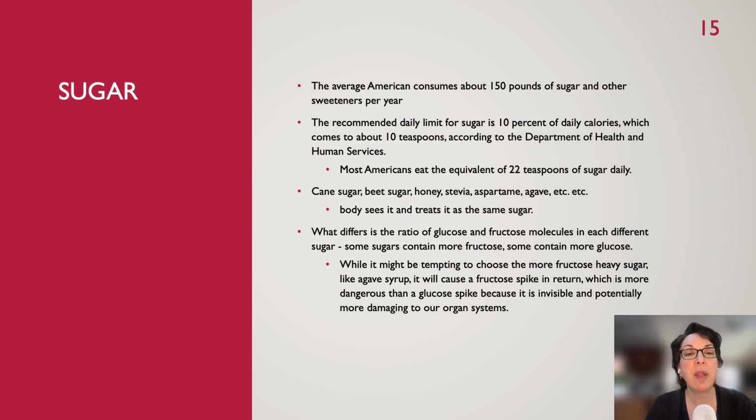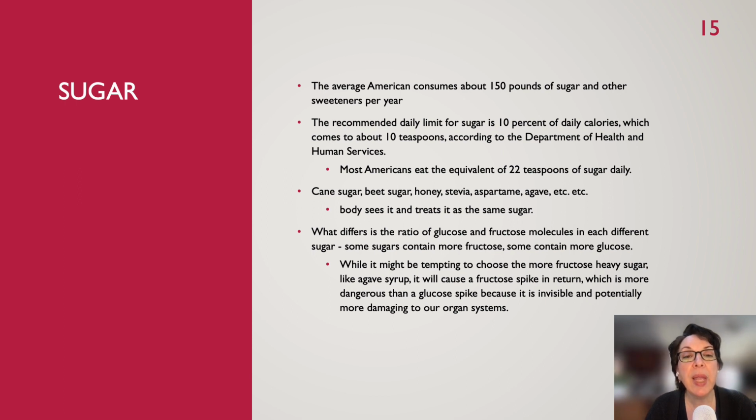And as I mentioned in the last slide, cane sugar, beet sugar, honey, stevia, aspartame, agave, etc., the body sees it and treats it all as sugar. What differs among these sugars is the ratio of glucose and fructose molecules in each different sugar. Some sugars contain more fructose and some sugars contain more glucose.